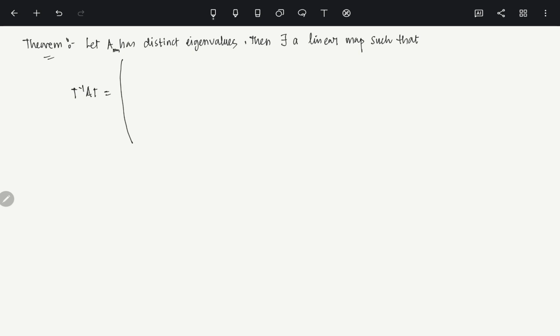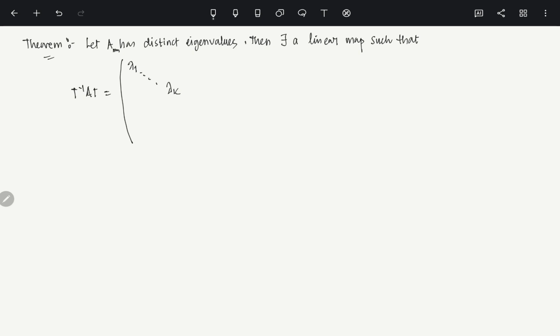See, lambda 1, ..., lambda k correspond to the real eigenvalues. Distinct eigenvalues can be real or complex, right?